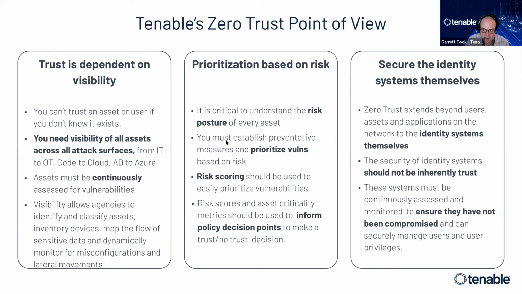And we must continuously assess assets for vulnerabilities, classify those devices for a whole host of things, misconfigurations, study them to look to see the flow of sensitive data and be able to identify things like lateral movement or moves towards critical Active Directory infrastructure. So really the idea that trust is dependent on visibility is paramount here.